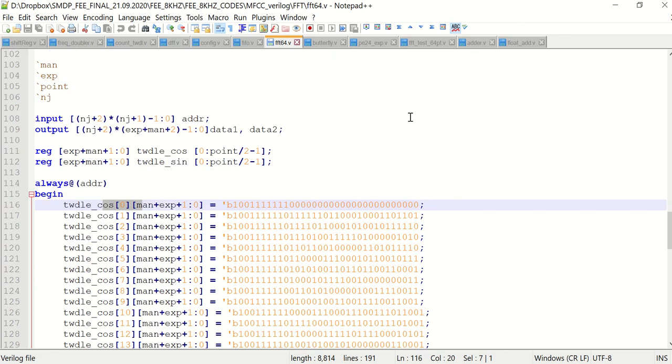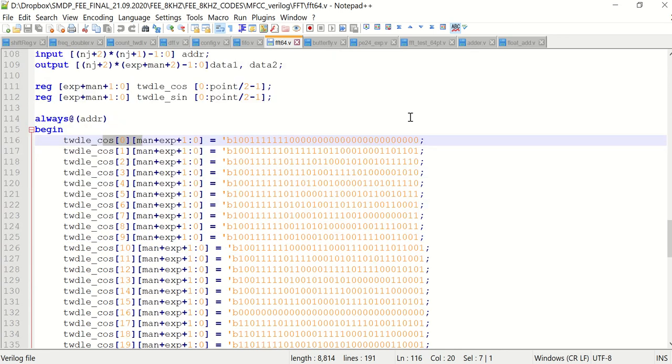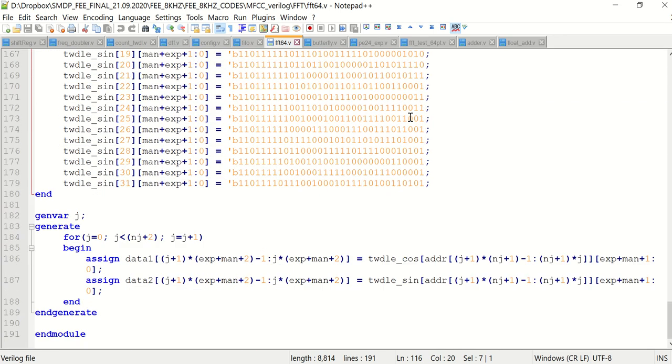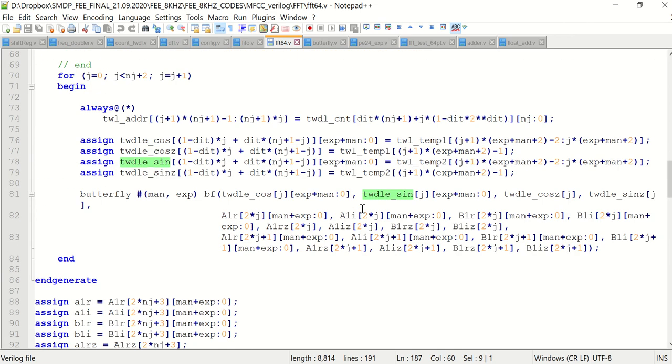All the twiddle factors are computed and stored in floating point representation, and based on the address we retrieve which value to give, cos value or sine value.